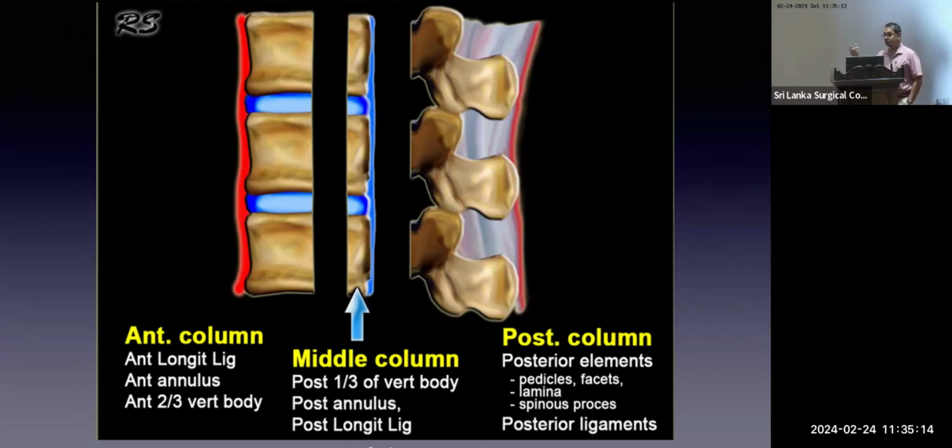So as a general surgeon in the periphery, if you get a patient with anterior column only disruption, what would you do? You can manage it conservatively. You can get the opinion from the neurosurgeon, and then manage it conservatively. But if you see that more than two columns are involved, then you have to think of the need of intervention, even if the neurology is intact.